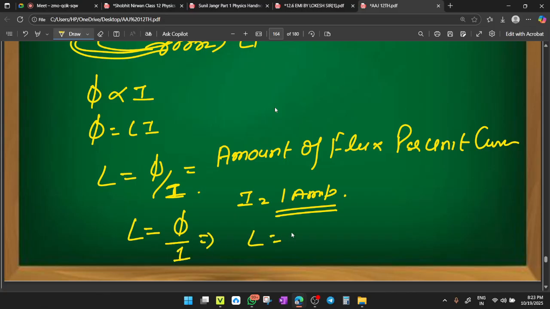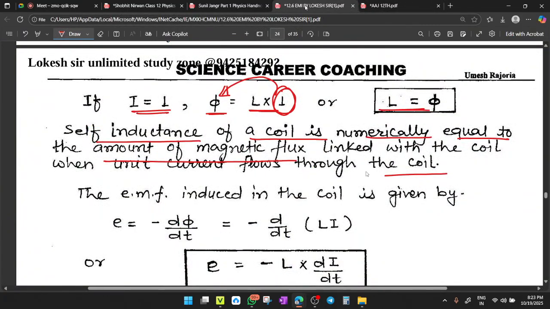So L equals phi, right? So self-inductance is numerically equal to the amount of flux linked with that coil. Clear or not clear? So the self-inductance of a coil is numerically equal to the amount of magnetic flux linked with the coil when unit current flows through the coil. Clear?